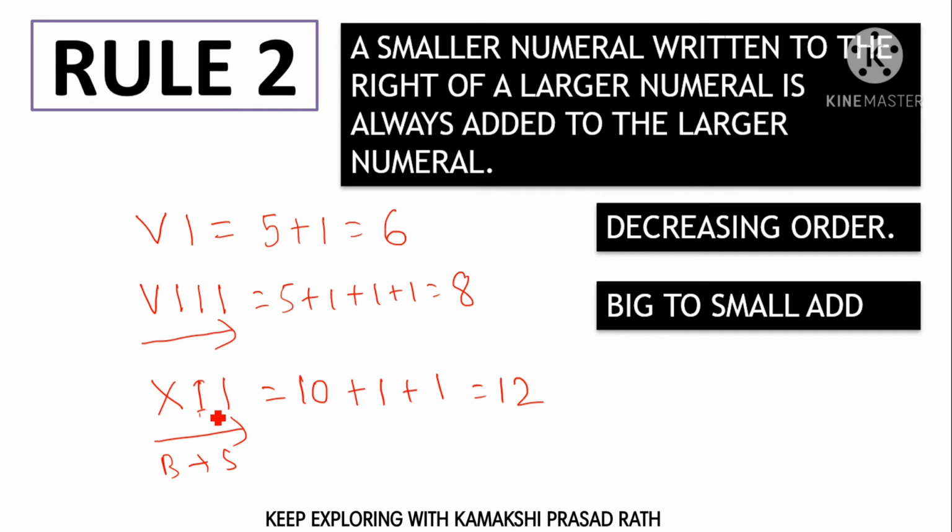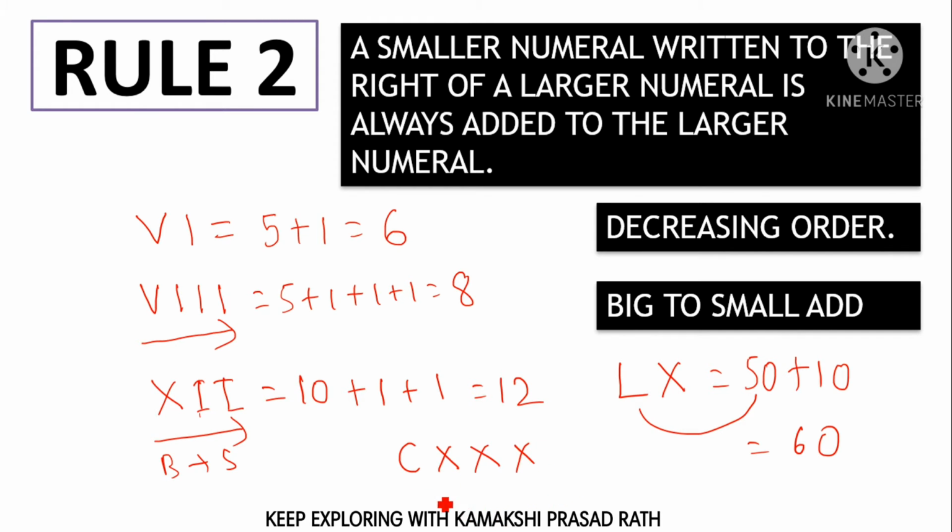So XII becomes 12. We can do it with larger numerals also, like suppose we take LX. L is how much? L is 50, bigger, then one smaller, so we get addition. So we write 60. Similarly, CXXX. What is C? C is 100.